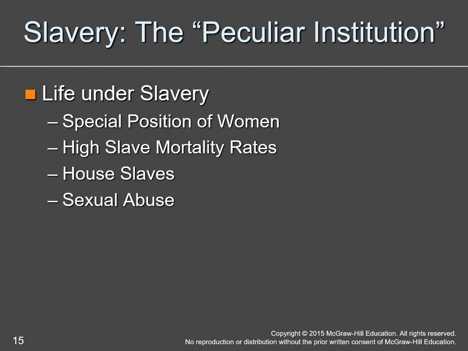Okay, so life under slavery, switching now away from white society onto the slave society. Women have a special position. Not only do they have to work, but they are still responsible for the cooking, cleaning, and taking care of kids, sometimes as single parents. Despite the Southern claims that they care for their slaves like family, there's a high slave mortality rate.